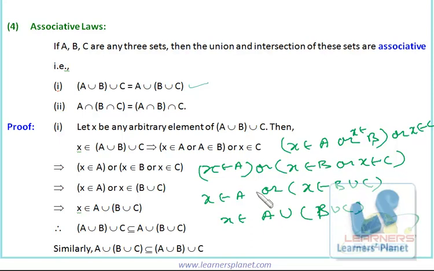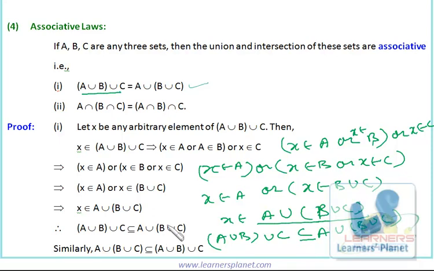So what we can say is that (A union B) union C is a subset of A union (B union C), right? This is a subset of this.